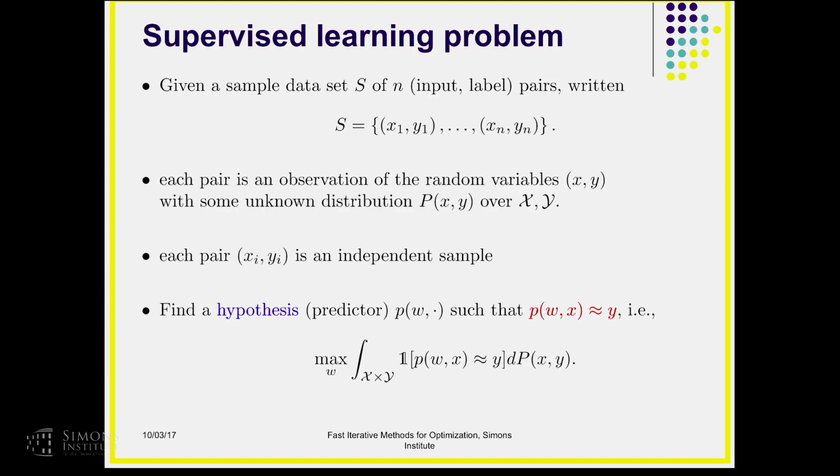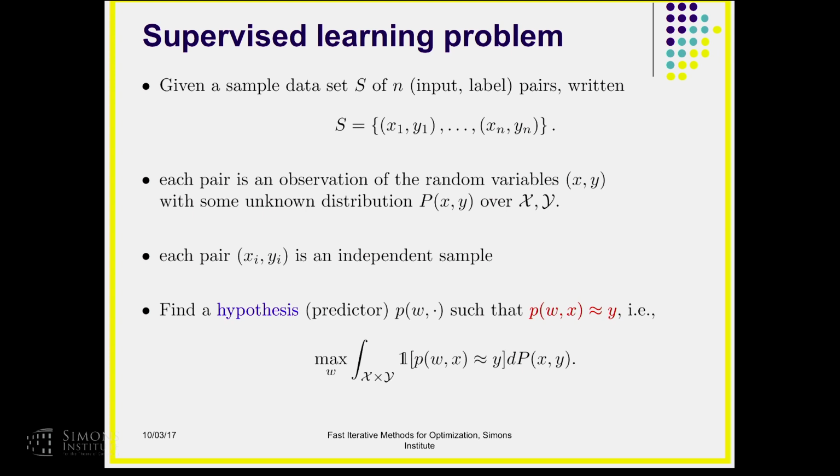So the basic setting of machine learning, most of you, of course, know it, but just to define notation. We have a sample set of training data, or whatever available data. It has some distribution, which we don't know, and the data is pulled out IID from this distribution. The goal is to find a predictor which is good for this distribution.